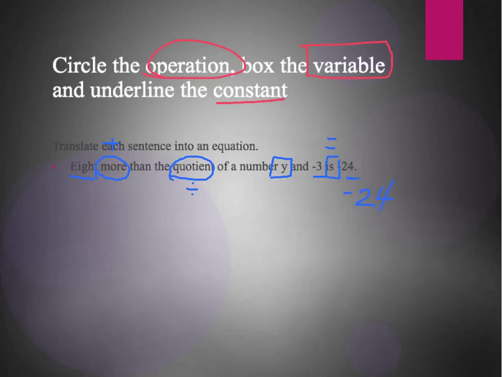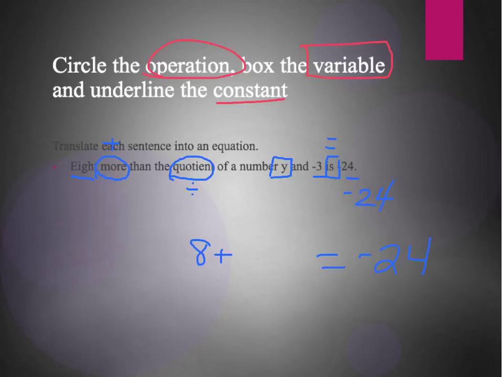So when I go back to write the actual problem, again, I like to start with the back. You don't have to, but I know that's something that's very easy. I know what it equals. It is negative 24. And then I go back to the beginning, and it says 8 more than. So I know that I'm going to add 8 to something. And I'm adding 8 to the quotient. So what am I dividing?